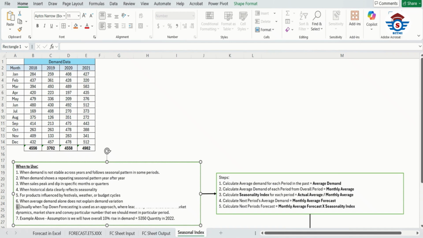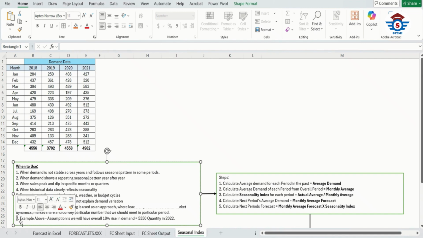The next is, we have also seen that when the top-down forecasting approach is used, we basically get a number that tells how much demand will appear in the future period. For example, if the leadership tells us that future demand will increase or decrease by a certain percentage, like 10% or 20%, based on market scenarios, then the seasonal index is very helpful to understand future forecasts.